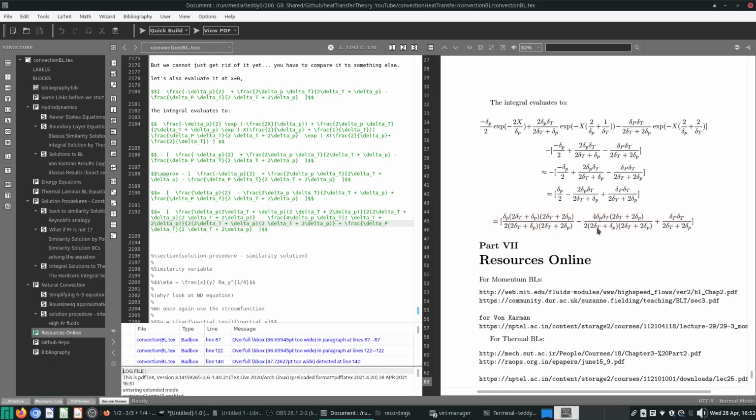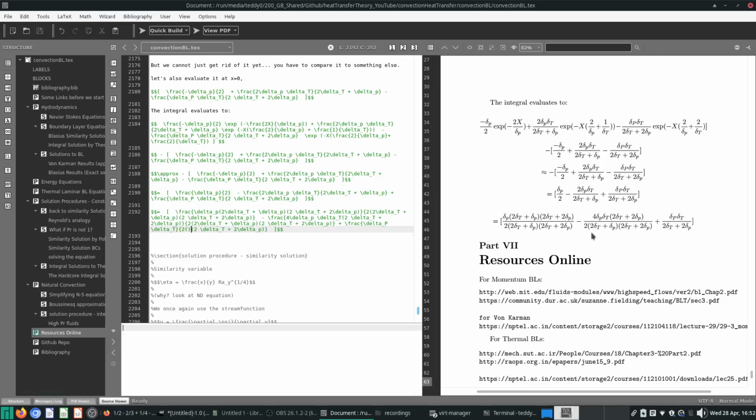Okay, last but not least, we'll do the same for the last one. Very messy, but I apologize, we have to do this. Okay, 2 delta t plus delta p plus delta p.